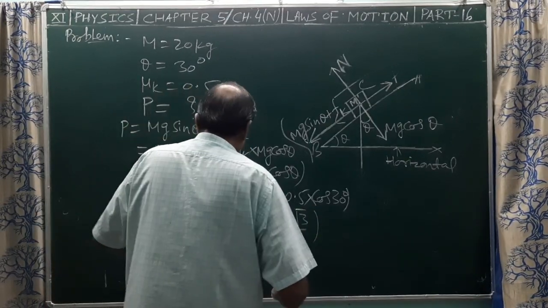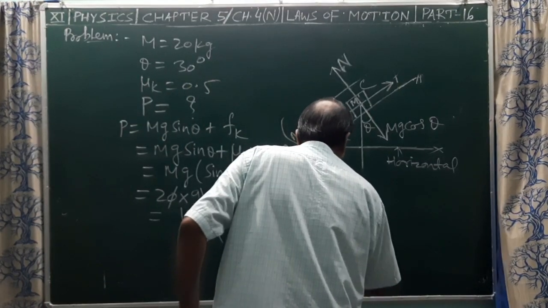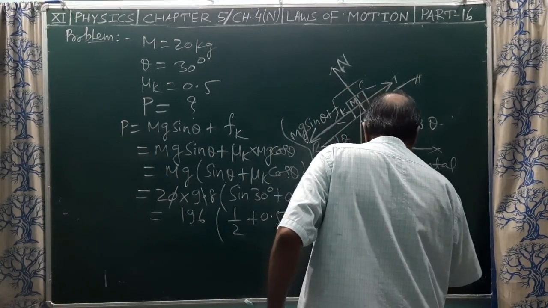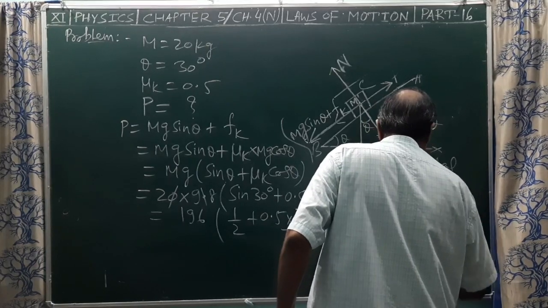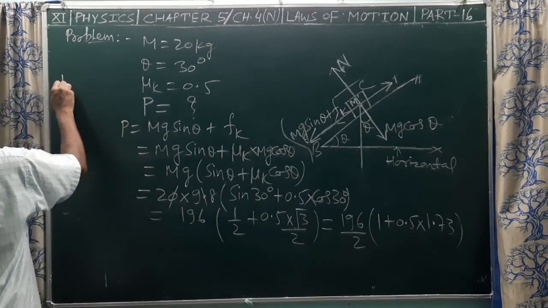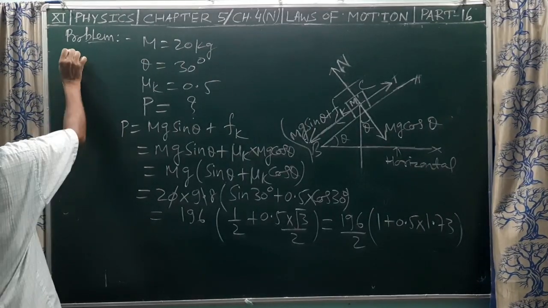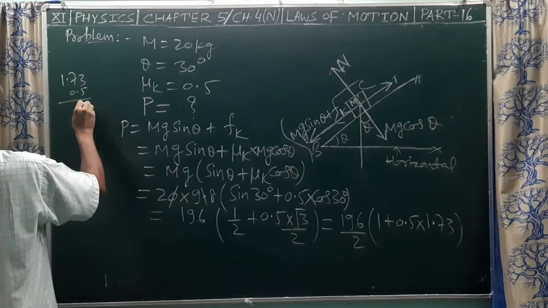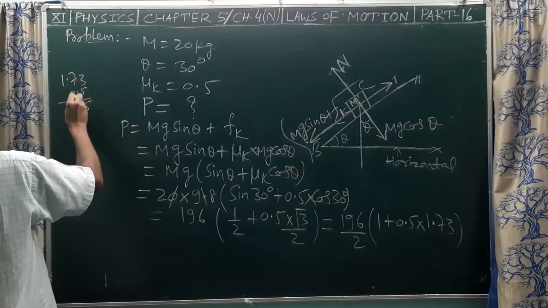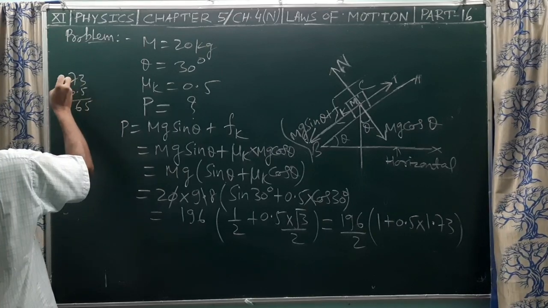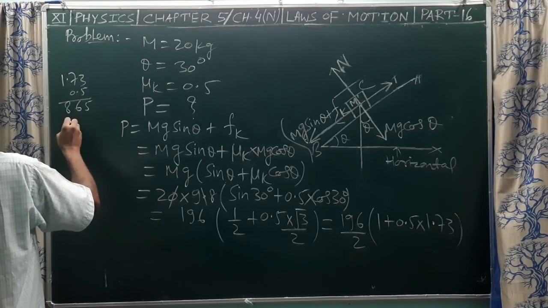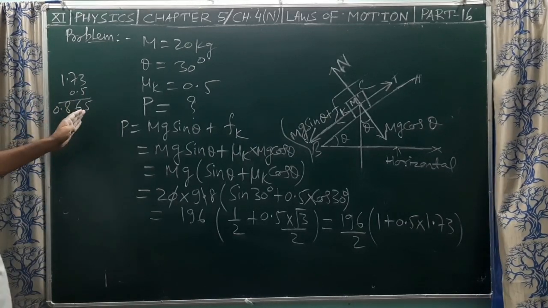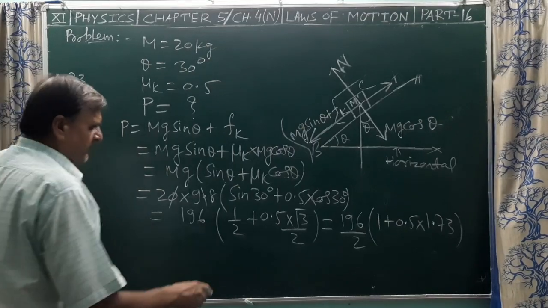The LCM is 2, so 196 by 2, under bracket 1 plus 0.5 multiplied by root 3, which is 1.73. 1.73 multiplied by 0.5 is 0.865.